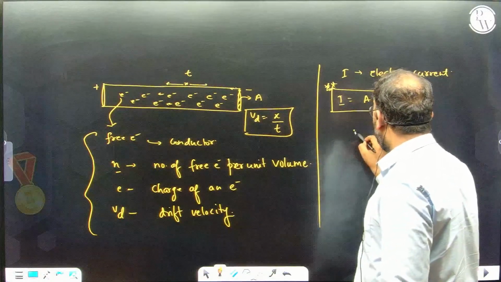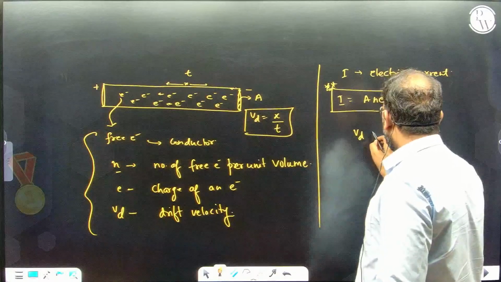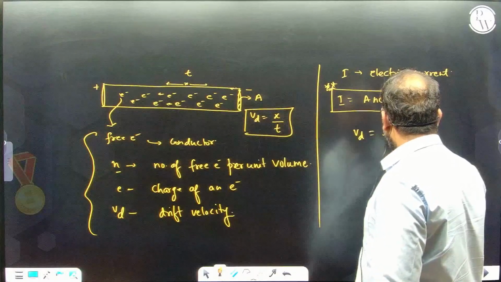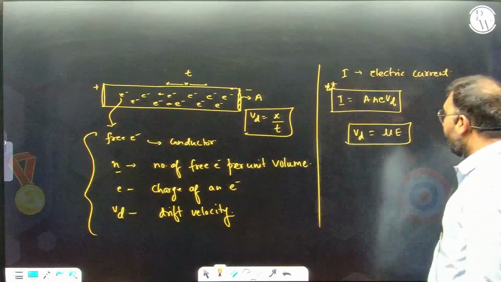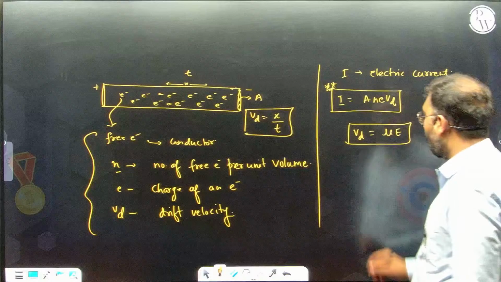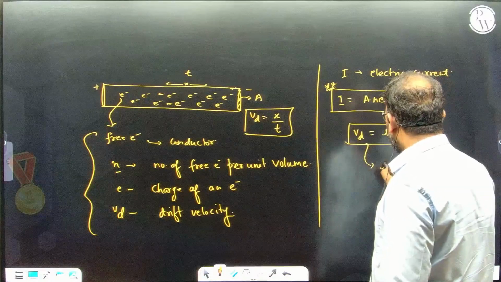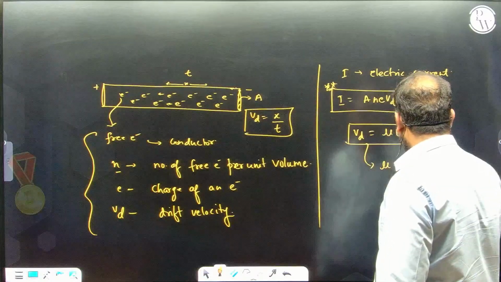And this drift speed can be written as Vd equals to mu into E, where mu is what? Mobility of the charge particle.